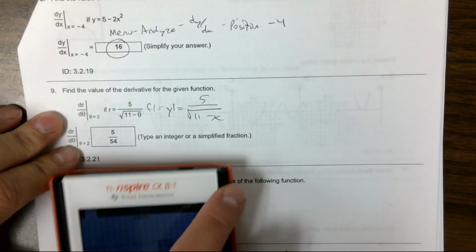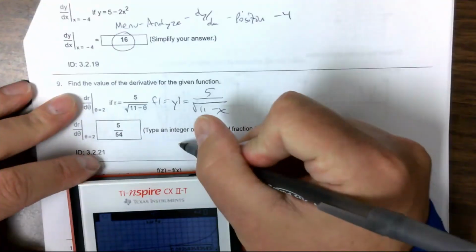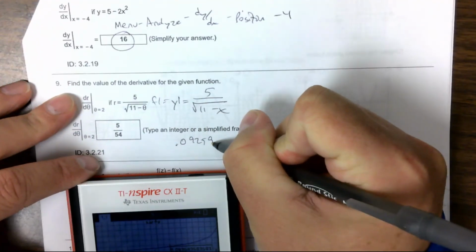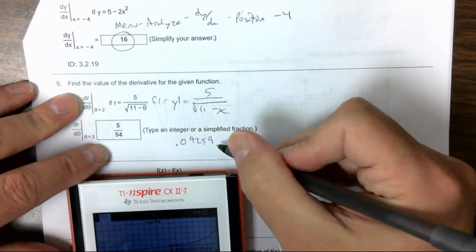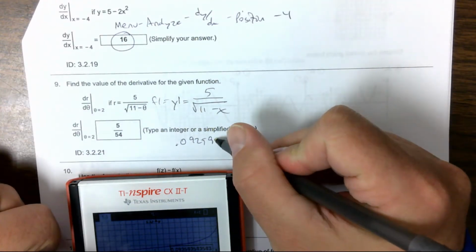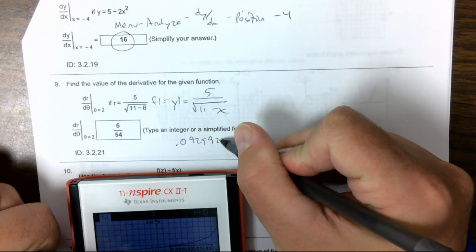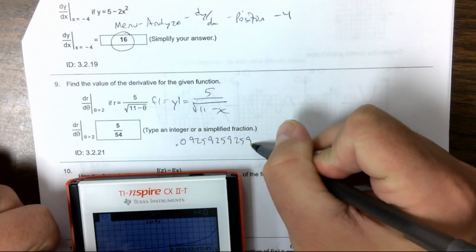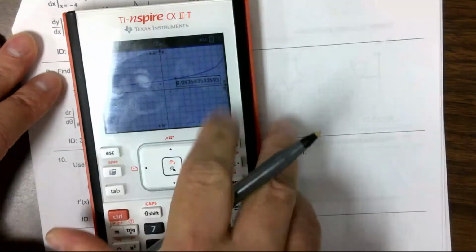Let me check this out. Oh, you know what? What I noticed is the very last number is a 3.